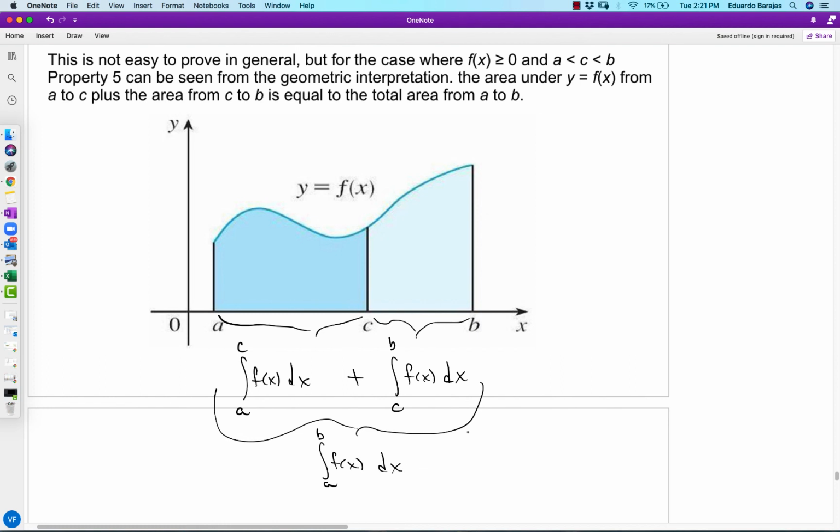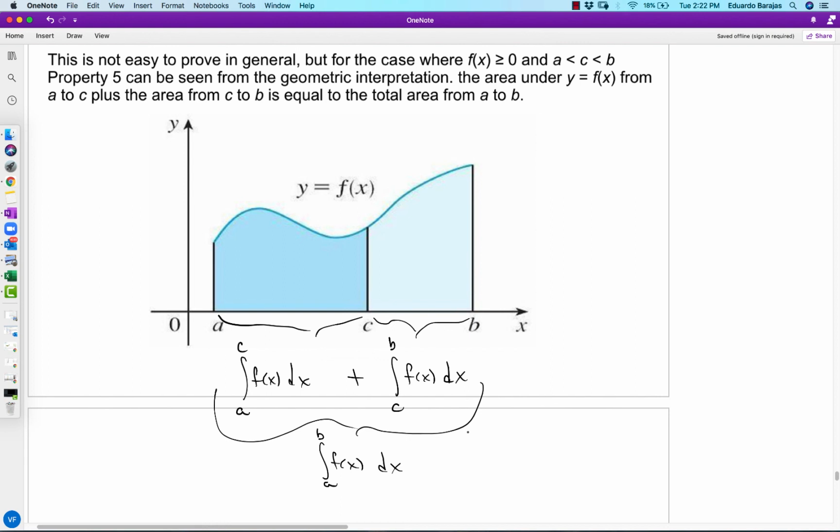So it's not easy to prove in general, but for the case where f of x is strictly positive, and c is strictly between a and b, this property can be seen from the geometric interpretation, right? So this isn't a proof. This is just a common sense interpretation of it. And we're sticking to some nice assumptions that make things nice. So f of x is positive, above the x-axis, so we're not worrying about going below or above the x-axis.